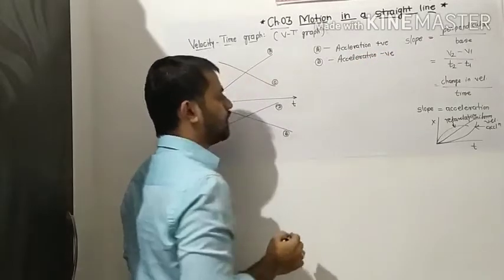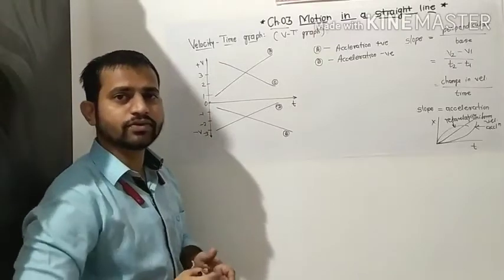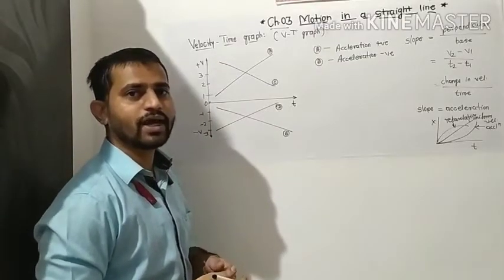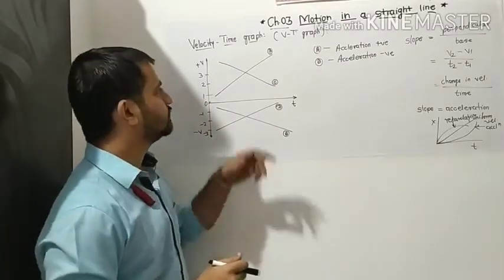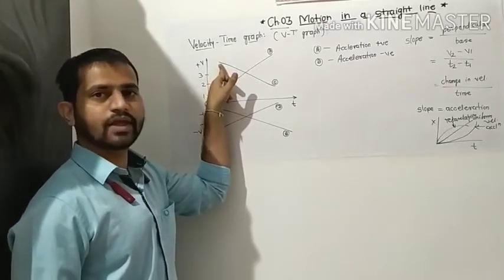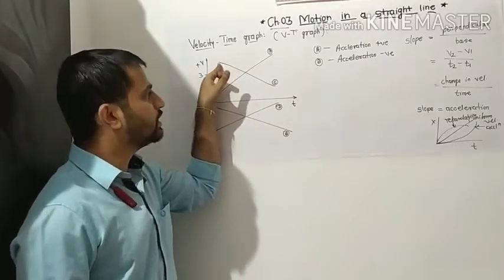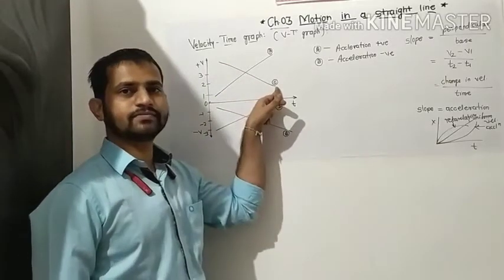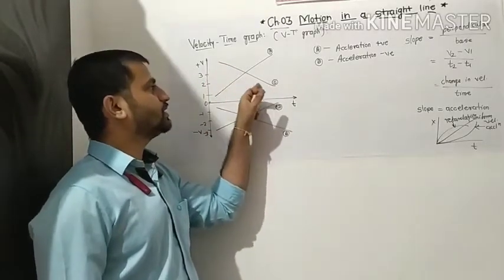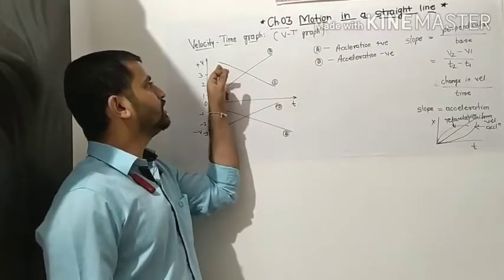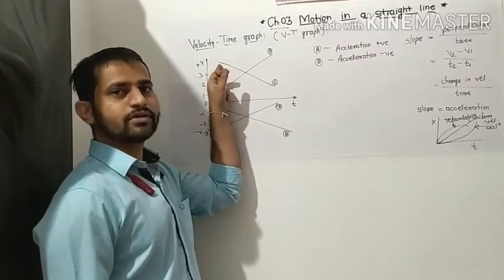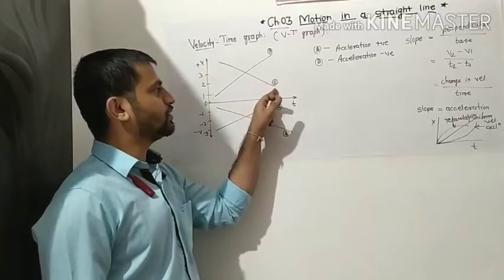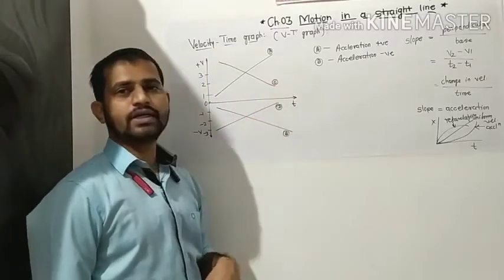Now if you look at the third curve, curve C, you come to know that initially the velocity is higher here, and as the time goes on passing, the velocity decreases, from maybe some 4 meters per second, and as the time goes on increasing, the velocity also decreases.